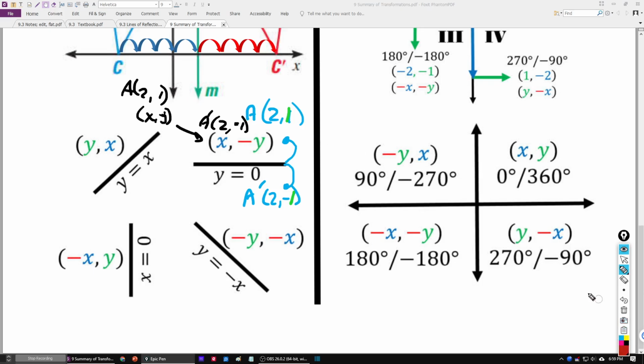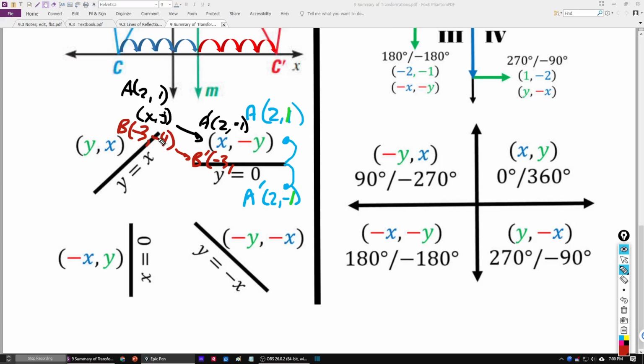So if I was to give you another coordinate, let's say B was at -3, -4, and I said, okay, let's do that same transformation where you reflect point B over the x-axis. Then B would go to B prime, and all that I need to do is keep that same x coordinate, that's -3, and change the sign of the y coordinate.